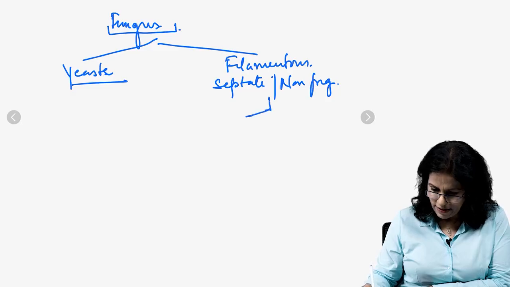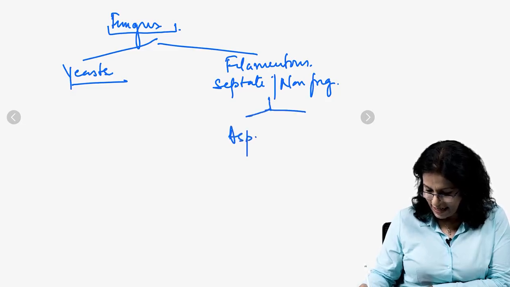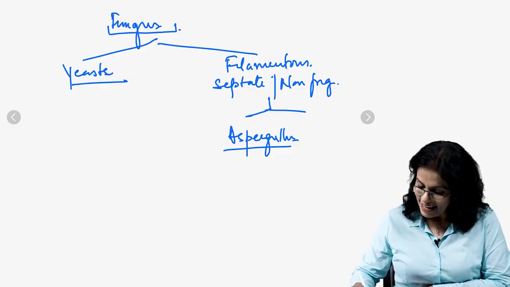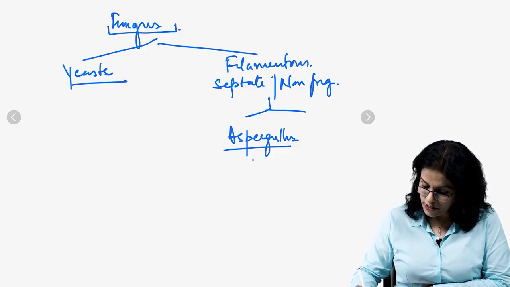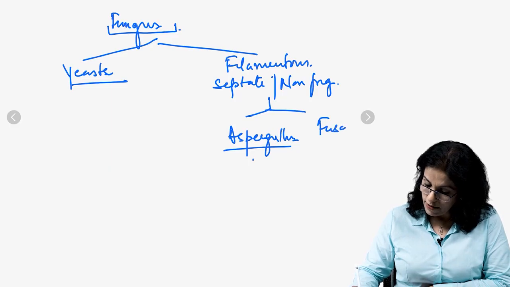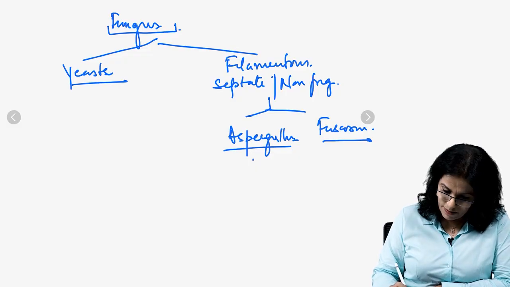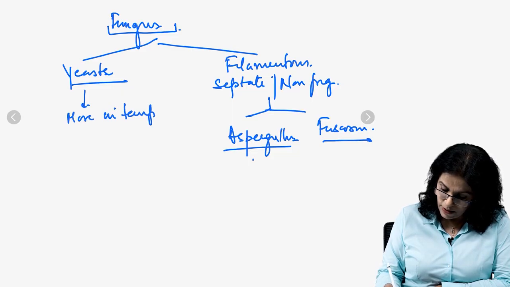This is what you have learnt as Aspergillus, which is the most common cause. It is not Aspergillus niger, it is Aspergillus fumigatus. Fumigatus is important, and second would be Fusarium. And when you talk about the yeast type, the infections are more in temperate regions, and here we are talking about Candida albicans.